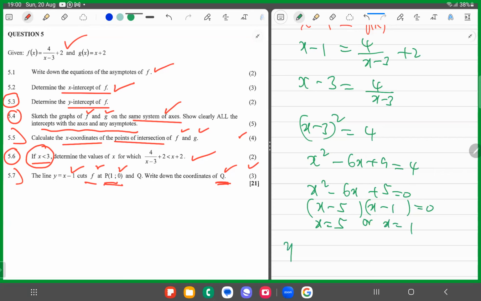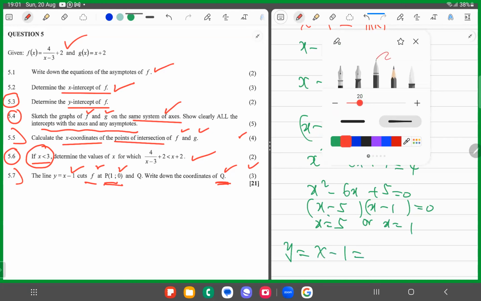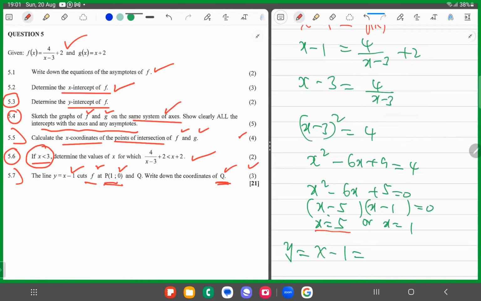So at this point, the line has the equation x minus 1. At the point that x equals 5, for example, you take 5 minus 1, which is exactly 4.